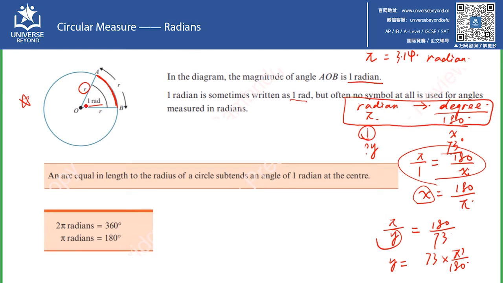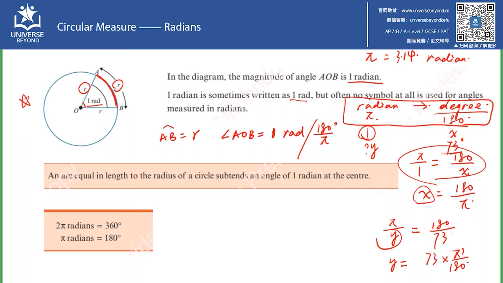If the angle is 1 radian, the length of arc AB will be the radius R. So the length of AB is R if AOB is 1 radian, or 180 divided by pi degrees.